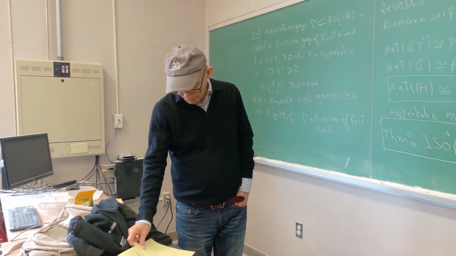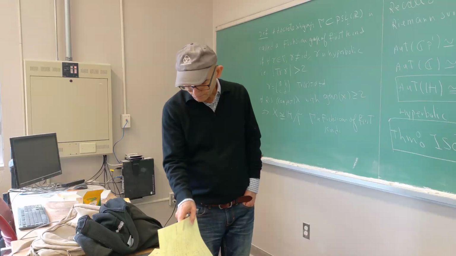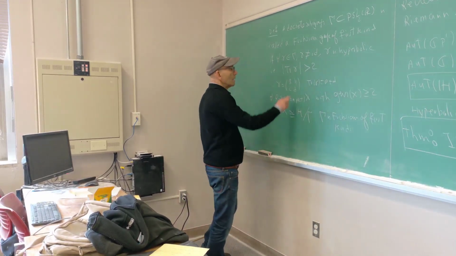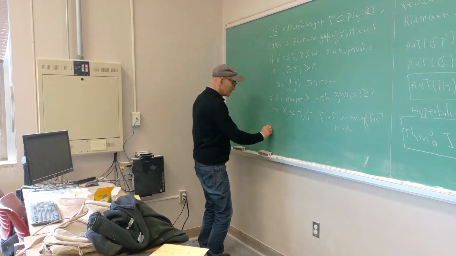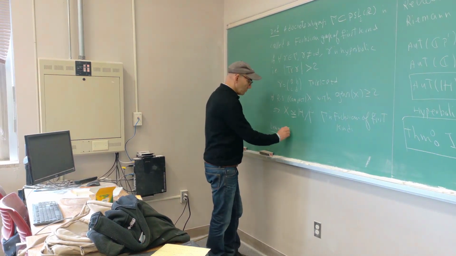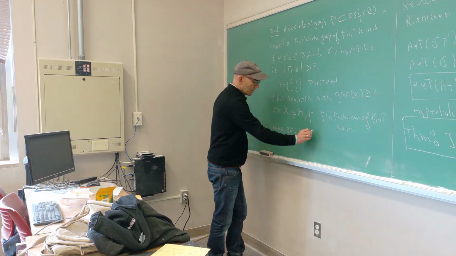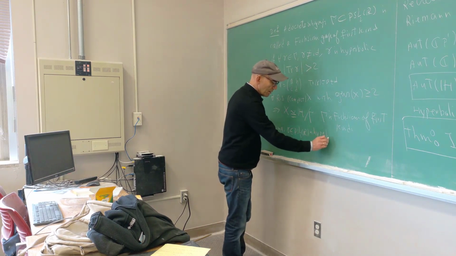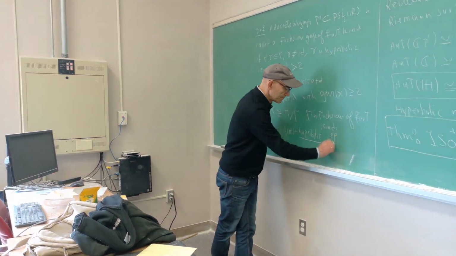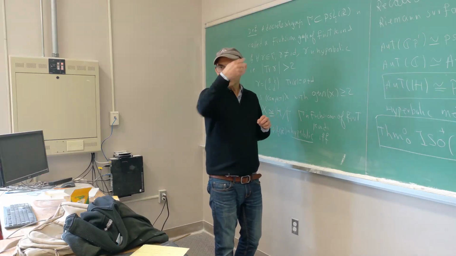So maybe a little more about these hyperbolic groups, the properties of hyperbolic elements. Lemma: gamma belonging to PSL2R is hyperbolic if and only if it has two fixed points which are on the real line or infinity.